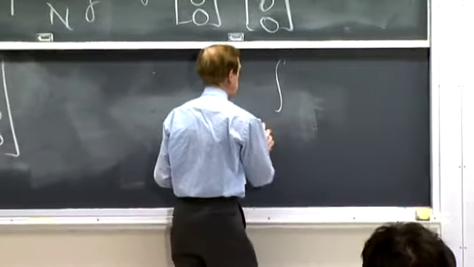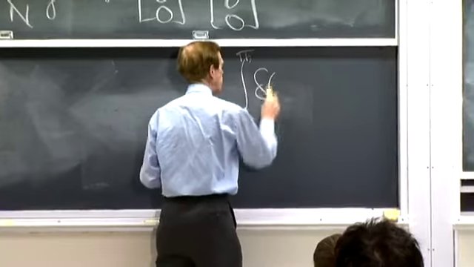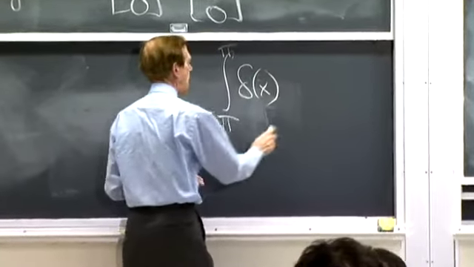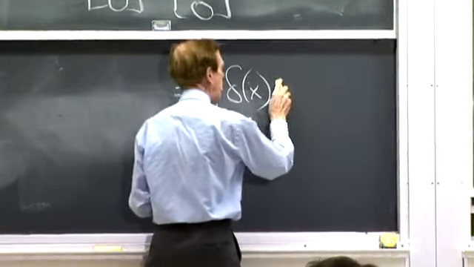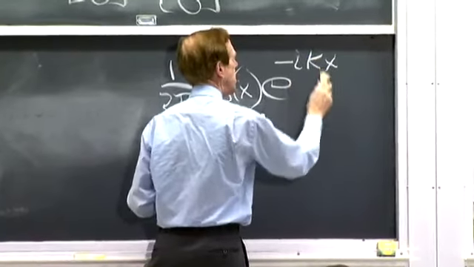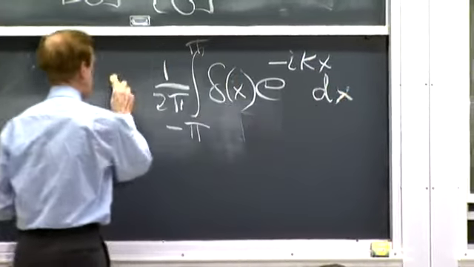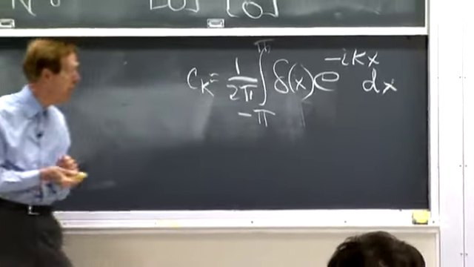We took the integral from minus pi to pi of our function, which was delta of x, and then we had to remember to divide by 2 pi, and you remember the coefficients are e to the minus ikx. This is ck in the periodic case, the 2 pi periodic case.